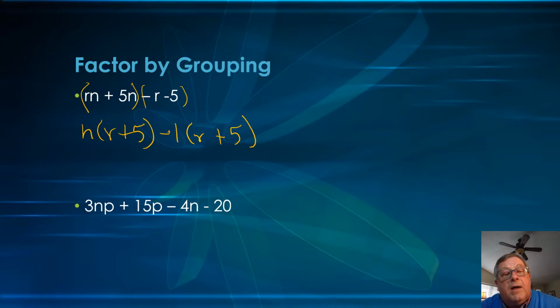And I see that I've got now a common factor here of r plus 5. And then I can just combine this n minus 1, and my 2 factors for this then become n minus 1 times r plus 5.